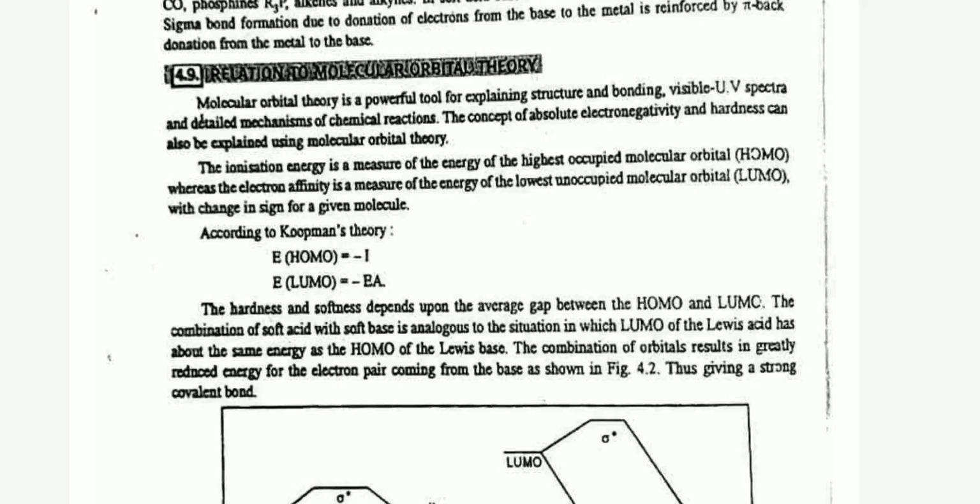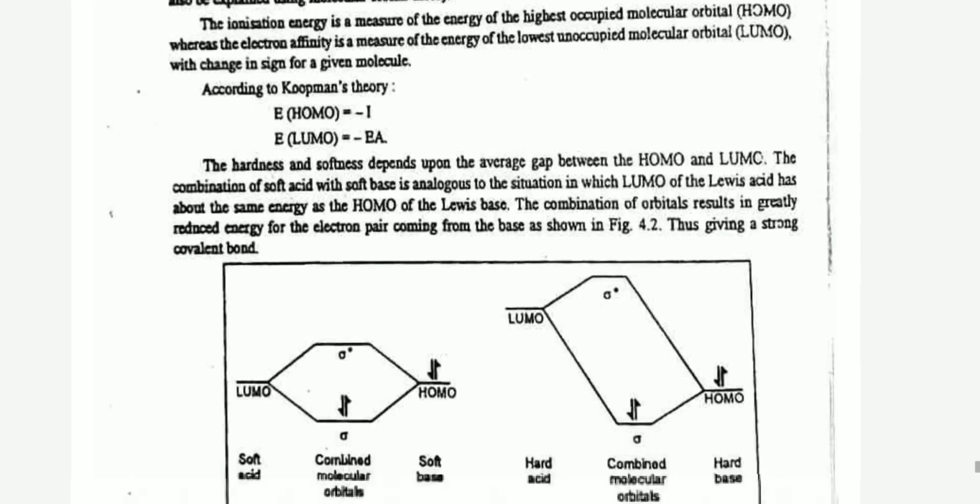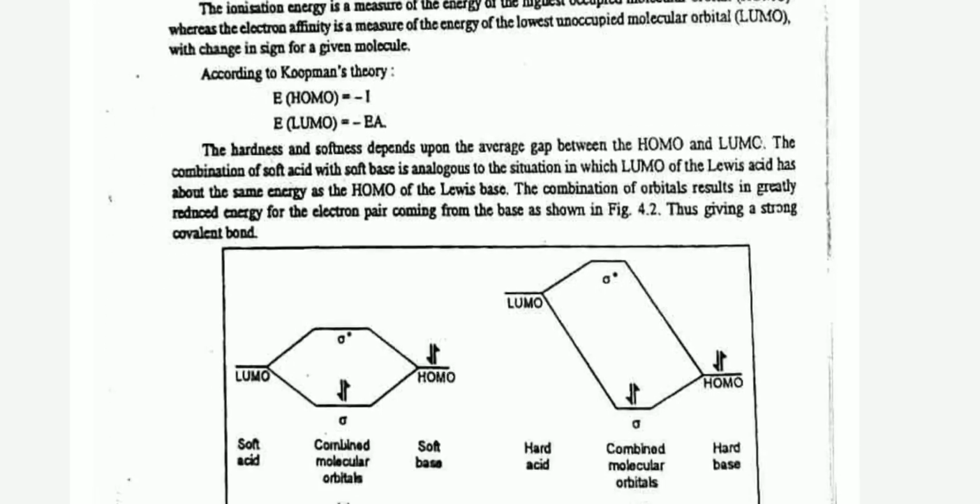The ionization energy is a measure of the energy of the highest occupied molecular orbital, HOMO, whereas the electron affinity is a measure of the energy of the lowest unoccupied molecular orbital, LUMO, with the change in sign for a given molecule. According to Koopmans' theory, E HOMO is equal to minus I, E LUMO is equal to minus EA.